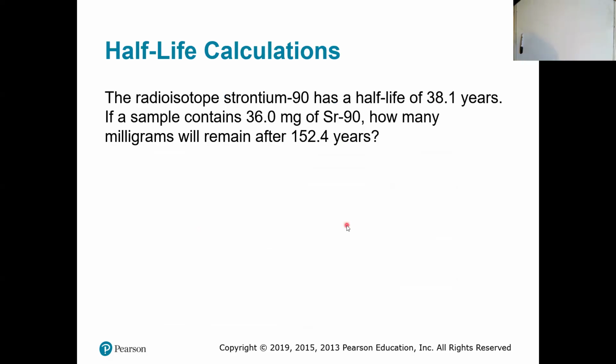Okay. So we're going to do a few examples of calculations with these different radioisotopes and just different questions about them. The first question says that our radioisotope strontium-90 has a half-life of 38.1 years.